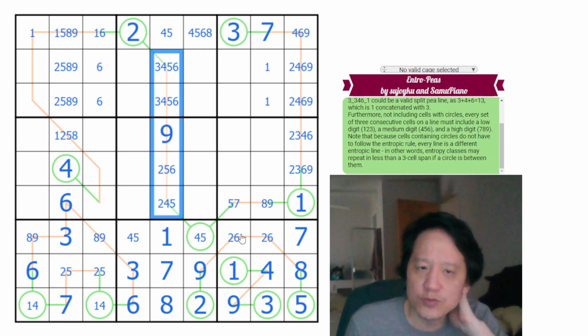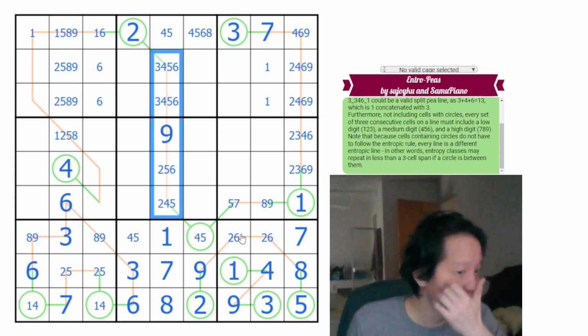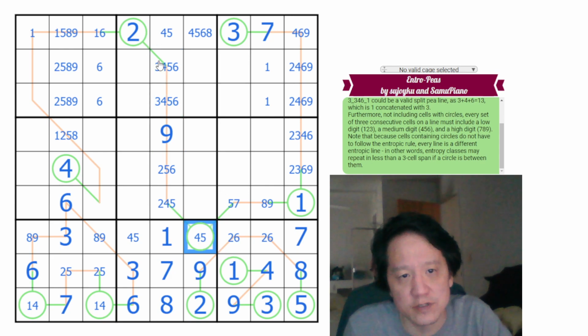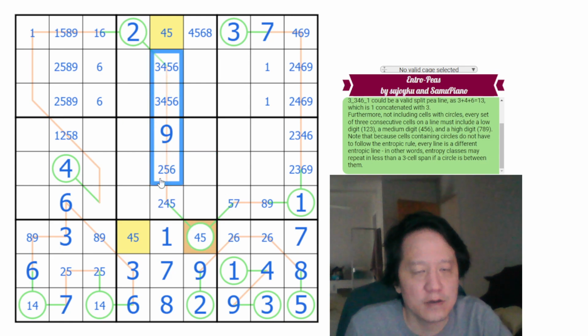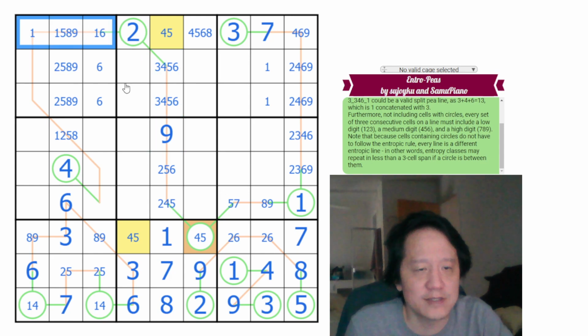This 4, 5 is on the line, because 2 plus 3 plus 6 is 20, right? So whatever is here has to be on this line. So we know whatever is here has to be this one. And this orange has to be on the line. So this has to be 1.